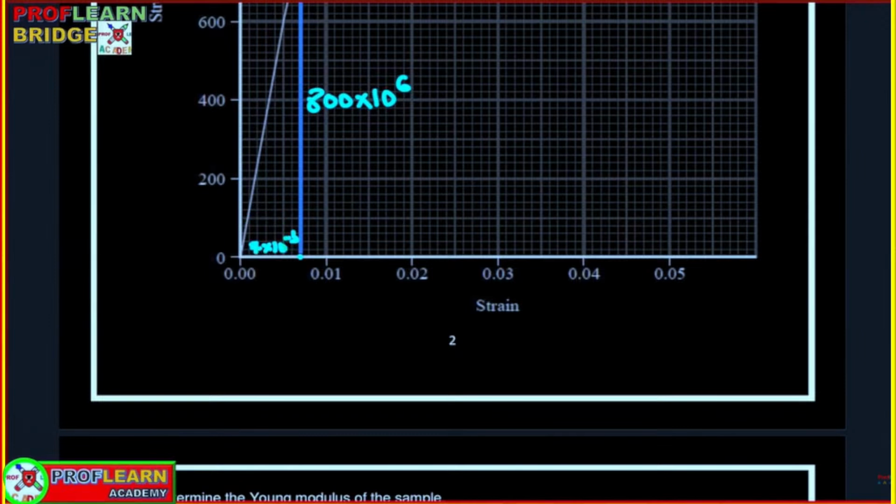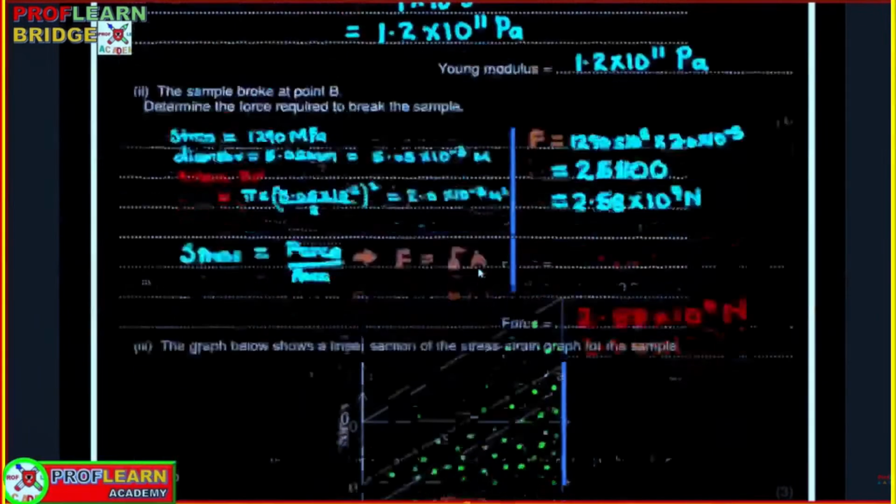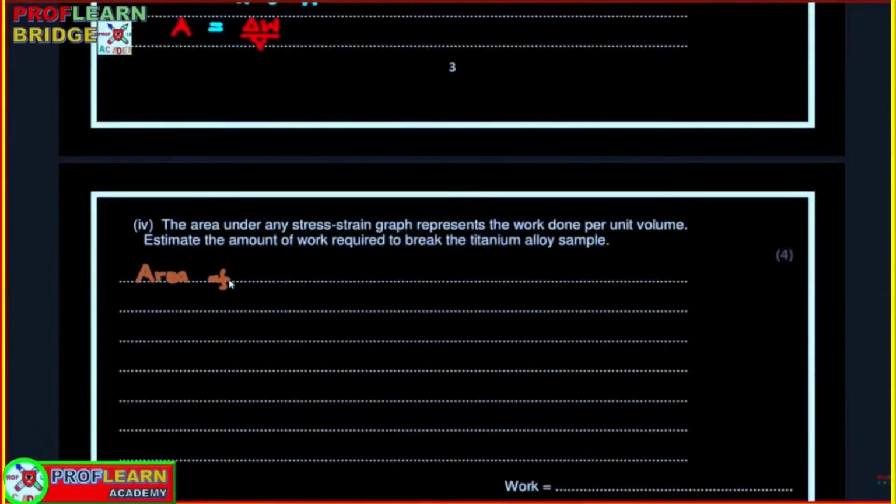Once we know the area of one square, we can go ahead and work out the area under that graph. Then we shall say that that area is equivalent to the work done per unit volume.